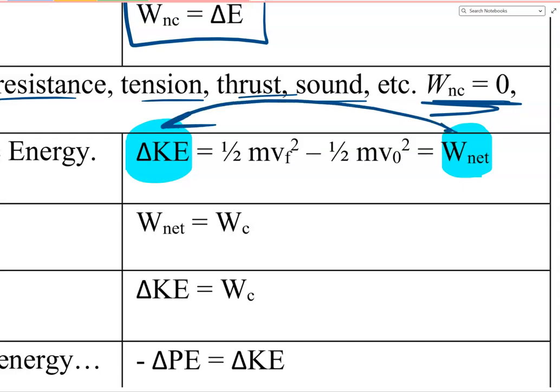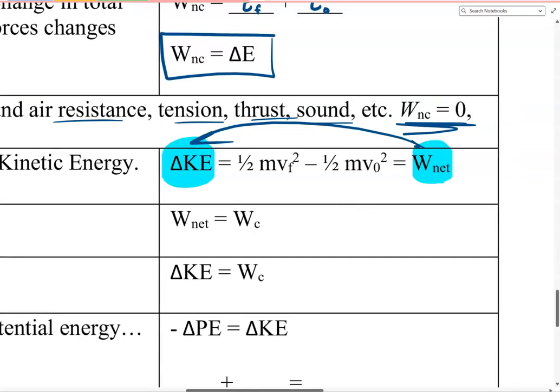Then by a transitive property of sorts, we can say that these two are both equal to the change in kinetic energy, where one half mv squared is the kinetic energy at one point, in this case the final position, and then the kinetic energy at the initial position. So the difference between those two is also the change in kinetic energy.